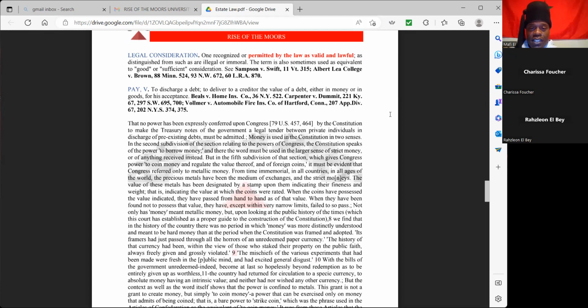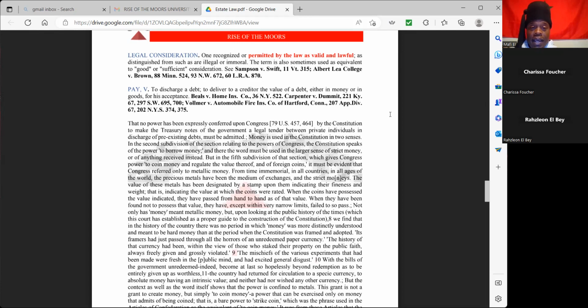And then it references case law, Sampson versus Swift, also Albert Lee College versus Brown. So, transition into the definition of pay: to discharge a debt, to deliver to a creditor the value of a debt, either in money or in goods for his acceptance. Case law to support that.